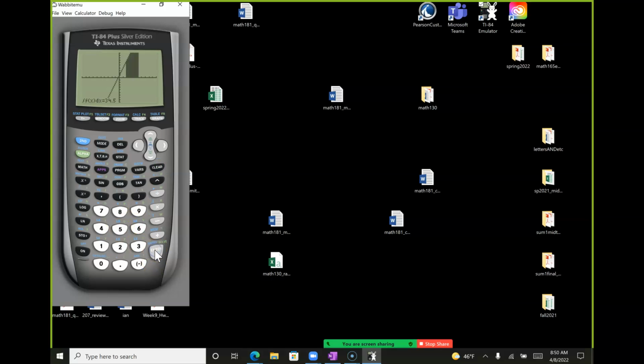Enter again, and then it gives me my area, 34.5. So second calculate 7 for integral, then hit my lower limit 2, enter, upper limit 5, enter, and it gives me the shaded area under the curve.